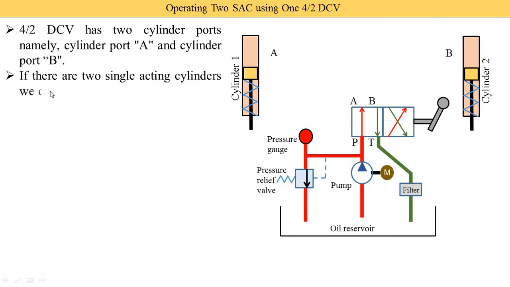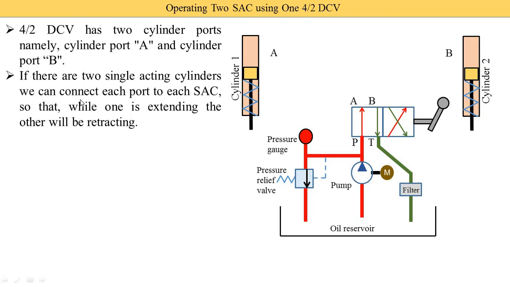If there are two single acting cylinders, we can connect each port to each single acting cylinder, so that while one is extending, the other will be retracting. We know that in a single acting cylinder only one port is there, so cylinder 1 has one port and cylinder 2 has one port.